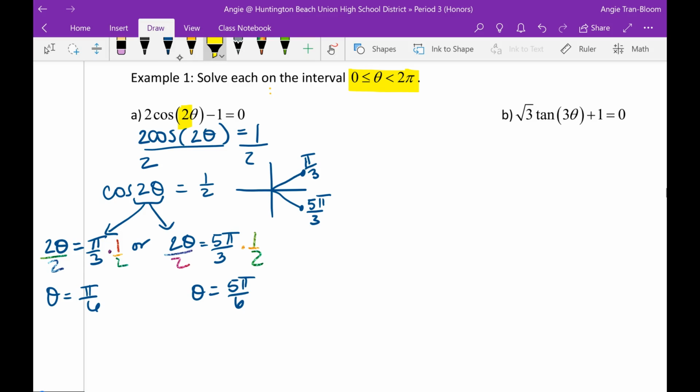Someone tell me, what's the period of a cosine parent? 2 pi. What is the period for this function? 1 pi. But aren't you solving from 0 to 2 pi? So from 0 to 2 pi, how many periods can you graph?